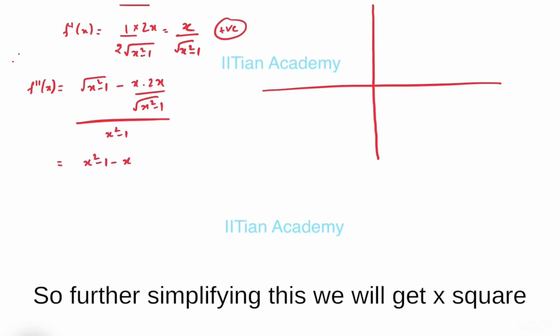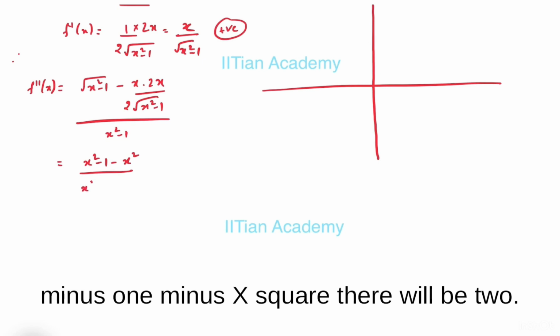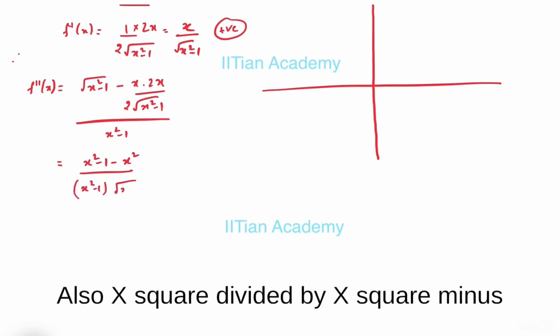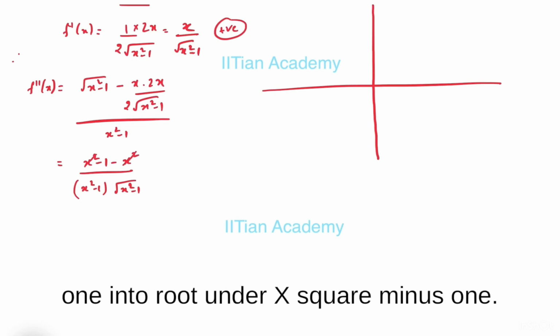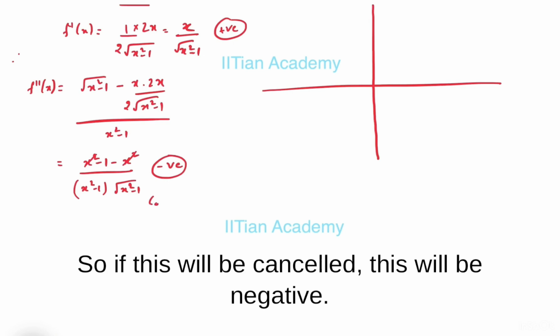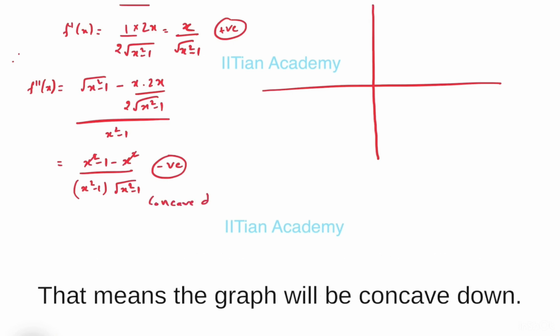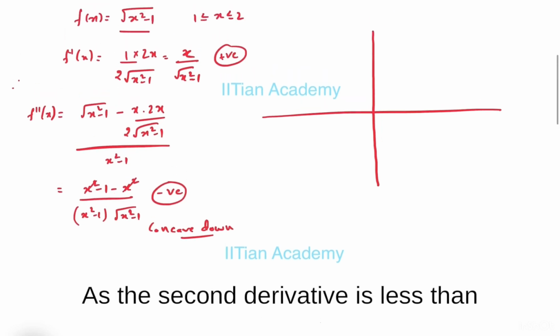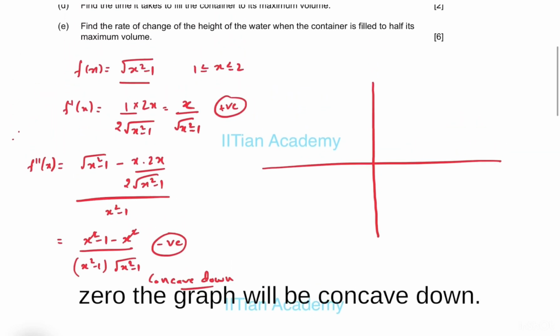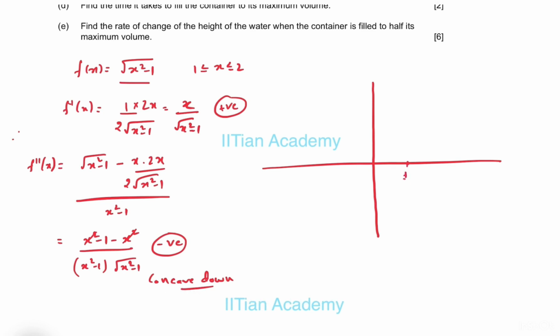So further simplifying this, we will get (x² − 1 − x²) divided by (x² − 1) into root under x² − 1. So this will be negative, that means the graph will be concave down. As the second derivative is less than 0, the graph will be concave down.